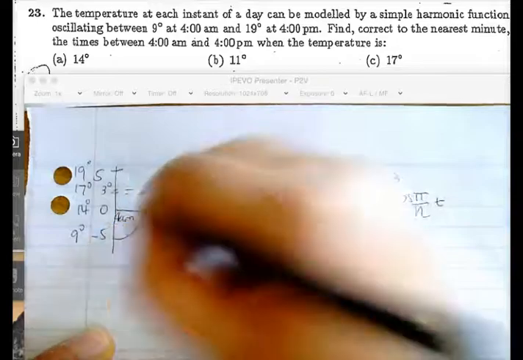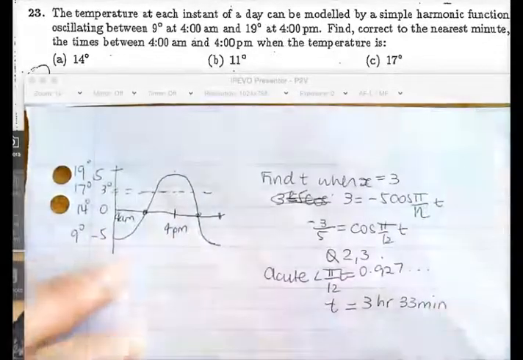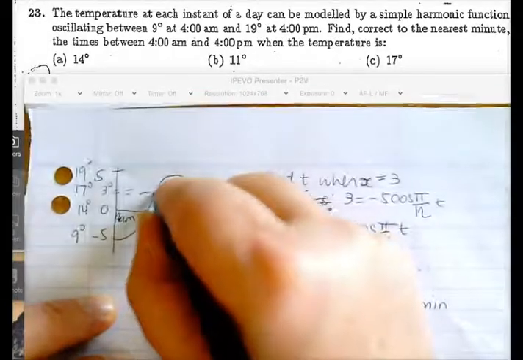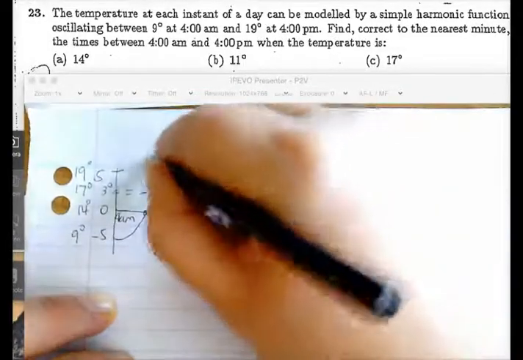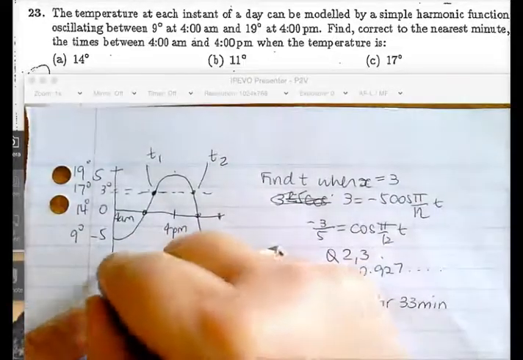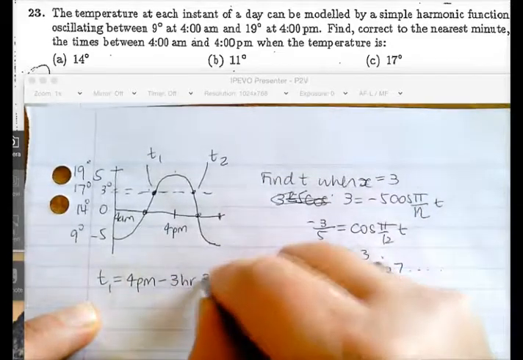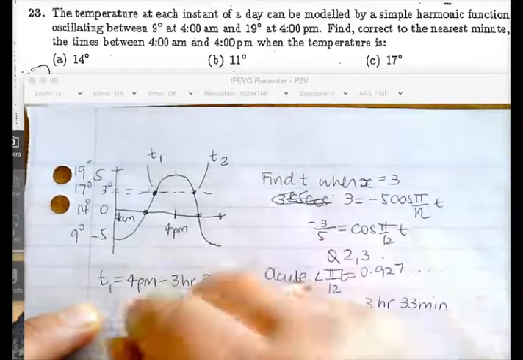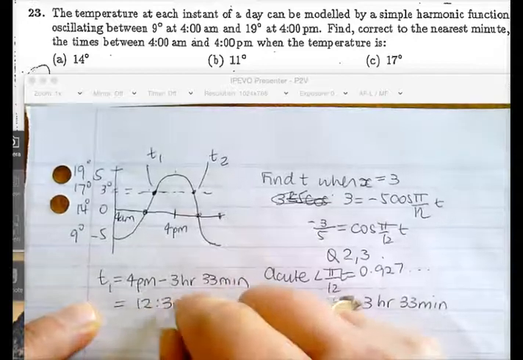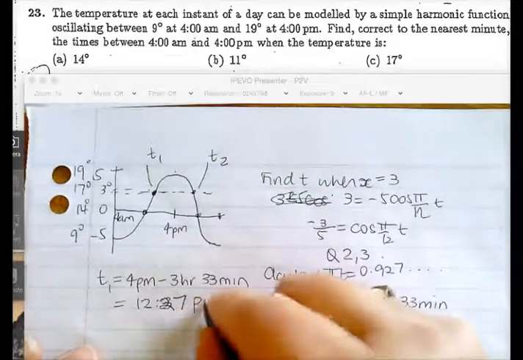All right, so now how do I do it? This is 4 a.m. The middle one was 4 p.m. So to do the first time, this time here, I'm going to go time 1 and time 2 to minus, that's right. Time 1 is 4 p.m. minus 3 hours, 33 minutes, which is what? 12:27 p.m. Thank you, in the afternoon.